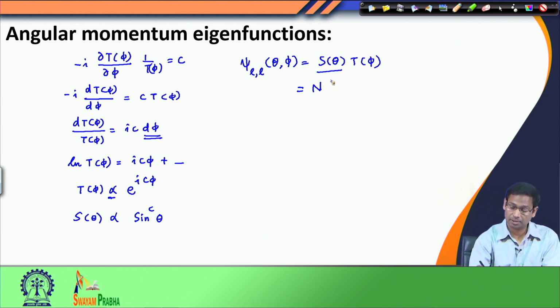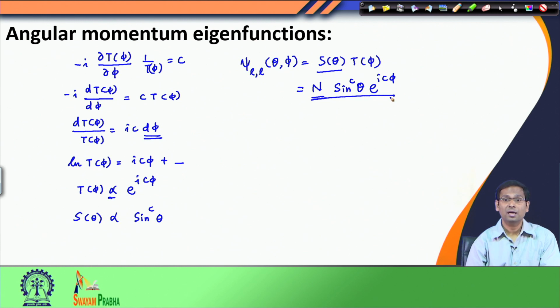So, I collected them and I am writing that constant N here: sine to the power c theta e to the power i c phi. So, this is the functional form that I am getting for the angular momentum eigenfunction, and what is that? When m takes the maximum value. So, this is the uppermost eigenfunction for a given value of L.